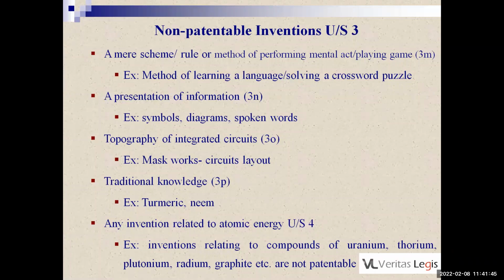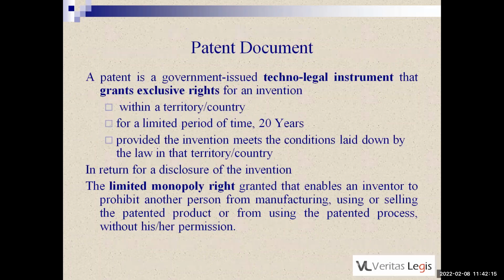Traditional knowledge, 3(p), any invention which falls under traditional knowledge is not patentable. Any invention which relates to atomic energy is not patentable under section 4. So if inventions are related to uranium, thorium, or graphite, they are not patentable. So in sections 3 and 4, section 4 is related to atomic energy, which is not patentable, and section 3 covers the rest.